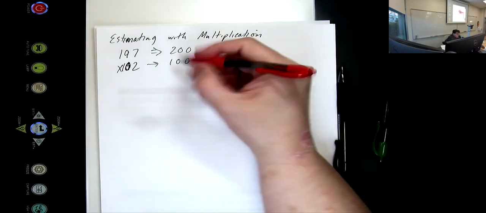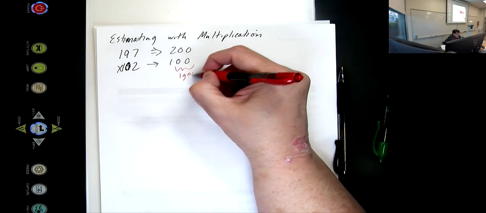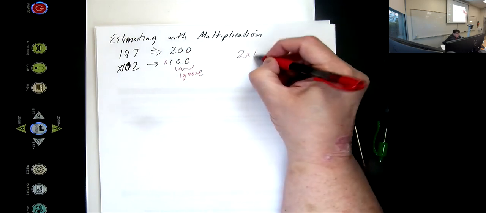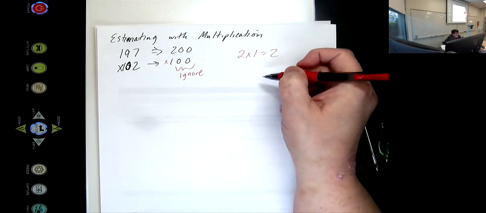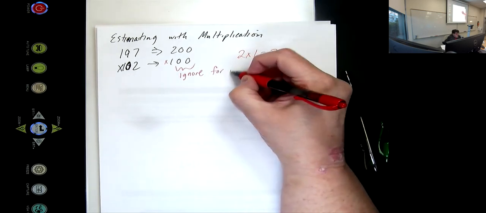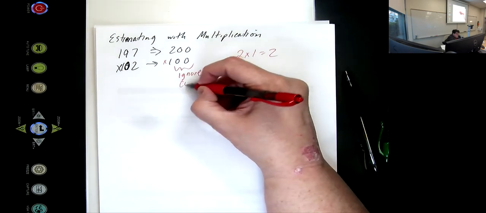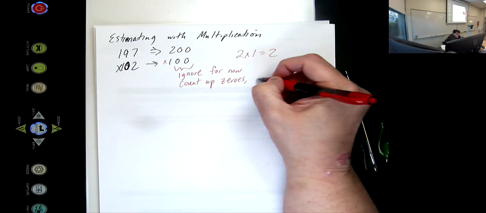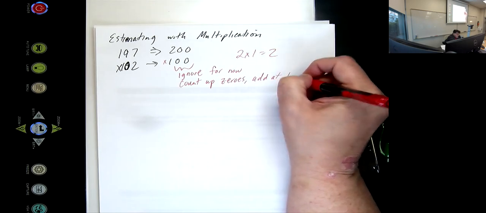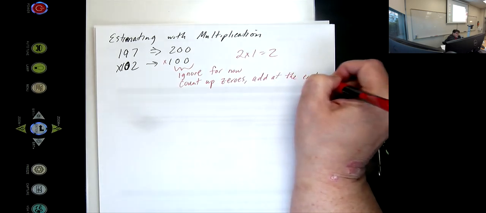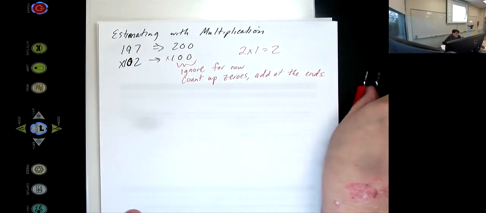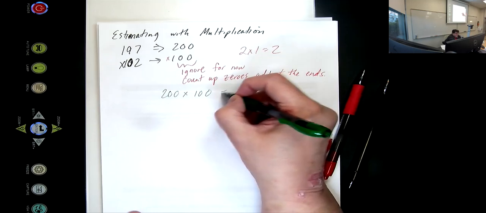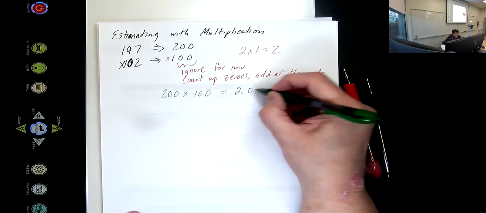Ignore the zeros for now. I've got 2 times 1, and 2 times 1 is 2. Then count up the zeros and add them at the end. So 200 times 100 is the 2, and then 4 zeros.